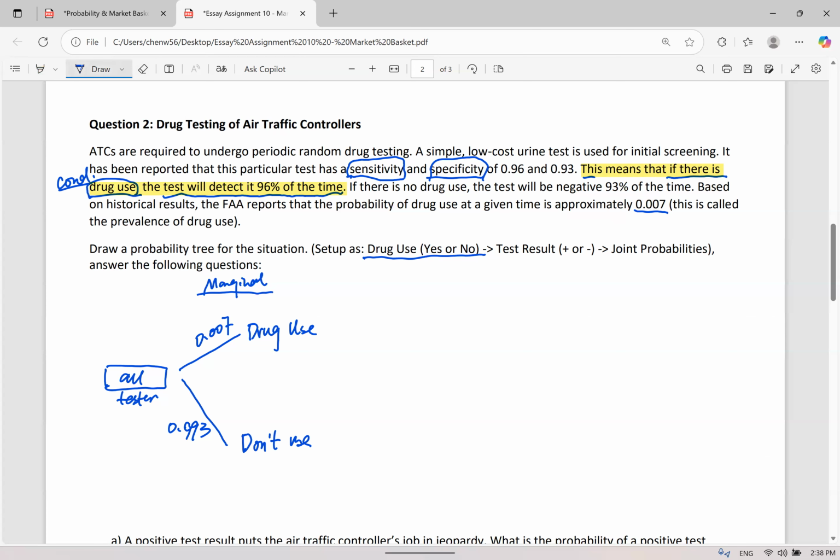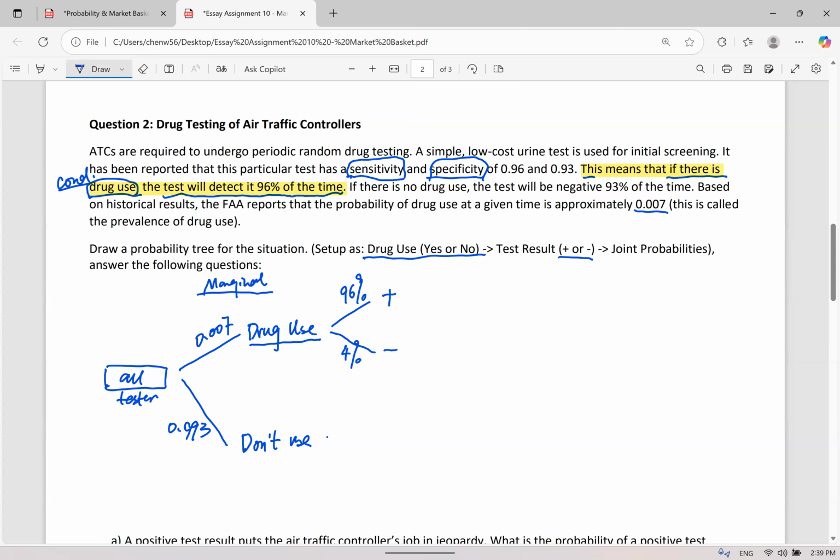So if we have the drug use, then detect it means what is your test result? Positive. So that means 96% of them are positive, detected. Then what is the probability of getting a negative result? Is that just the 4%?